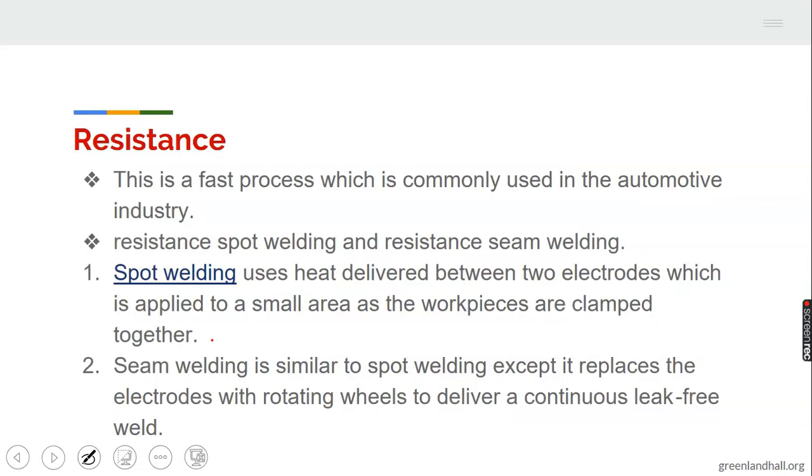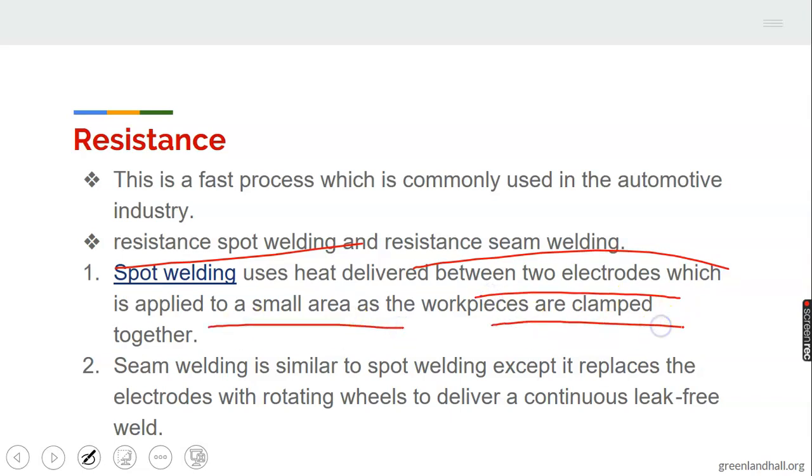Now we have the last part, finally, resistance welding. It is a fast process and is used in the automotive industry. We have what we call resistance spot welding and resistance seam welding. They are the two types of resistance welding. In spot welding, current is delivered between two electrodes and applied to a small area as workpieces are clamped together.